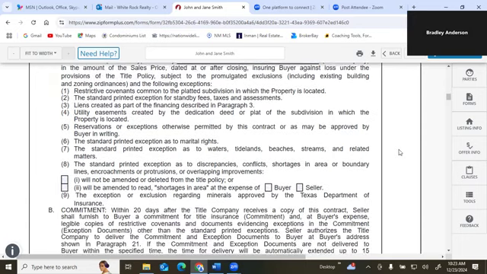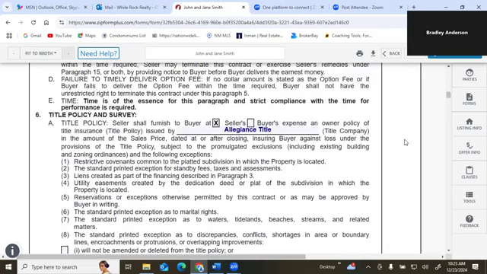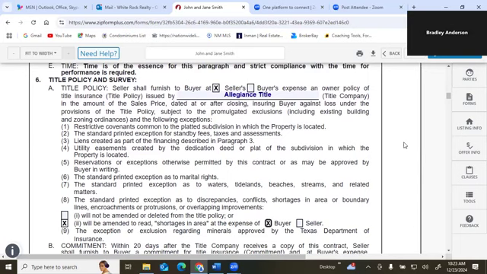And then you get down to here where you're always going to want to check this last one. It will be amended to read, shortages in area at the expense of the buyer. So this means that if the survey is short in one area or there's some kind of deficiency, say a guy's fence is on your property, your buyer wants to have the option of buying extra title insurance to cover that.